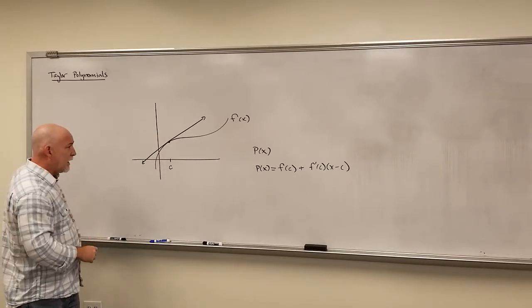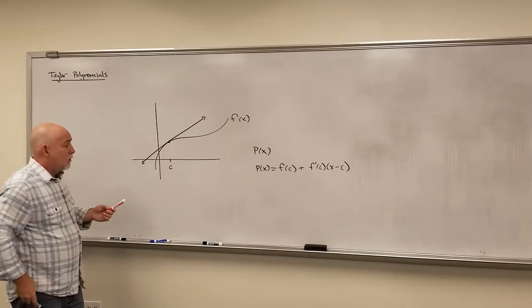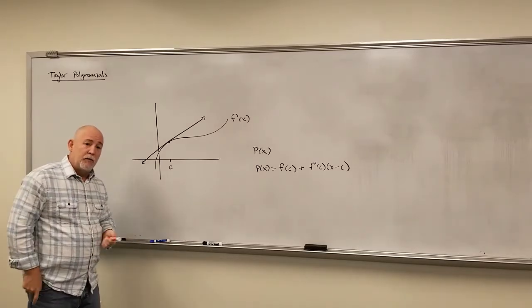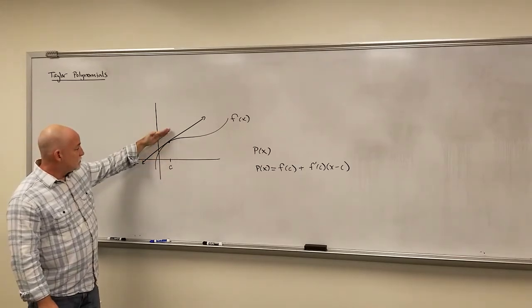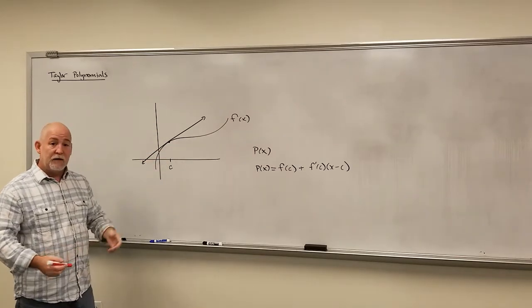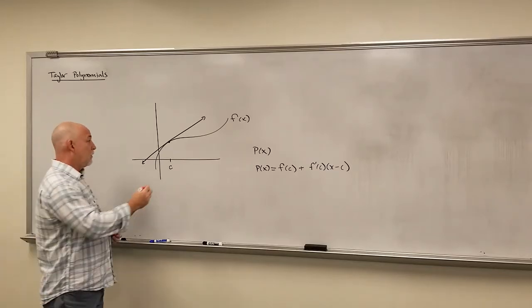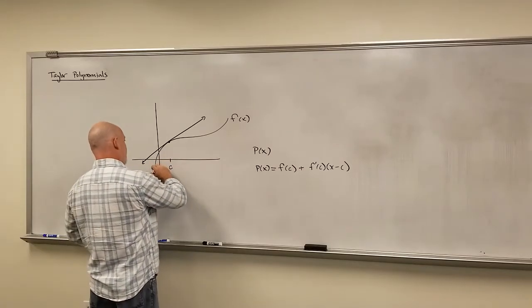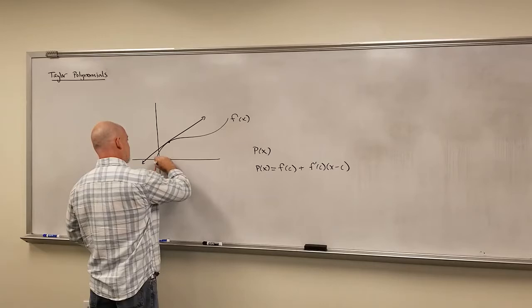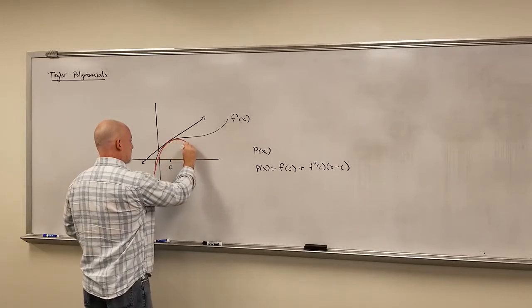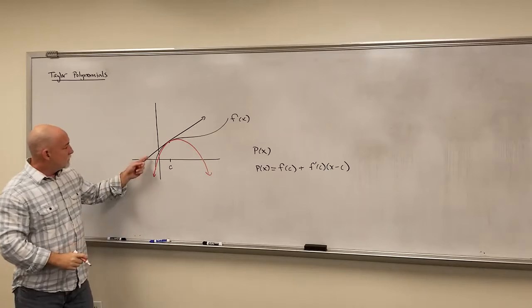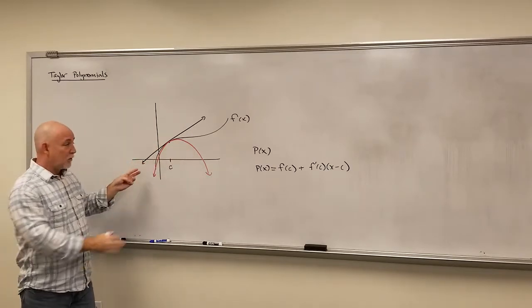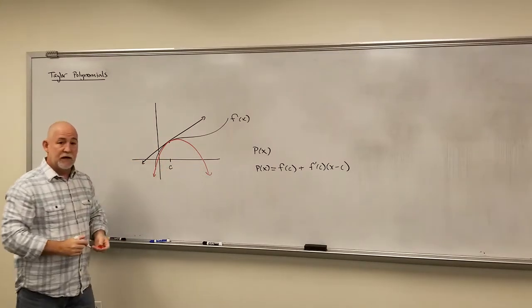But what if I wanted to add in another term? What if I said the polynomial I want not only has the value there, not only has the slope there, but also has the same concavity? Then I could use something like a parabola, one that has the exact same slope right there and the exact same concavity, which may look like that. Notice the parabola would match the curve for a longer distance out there.